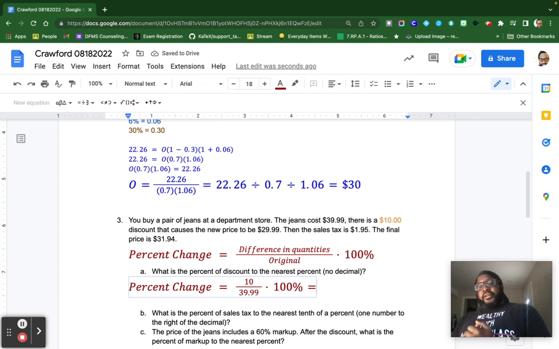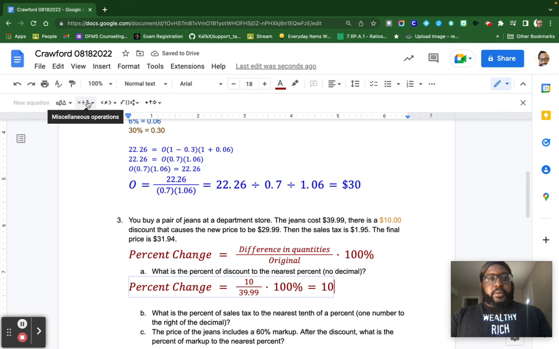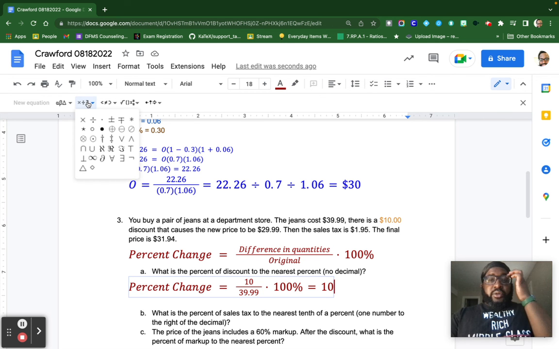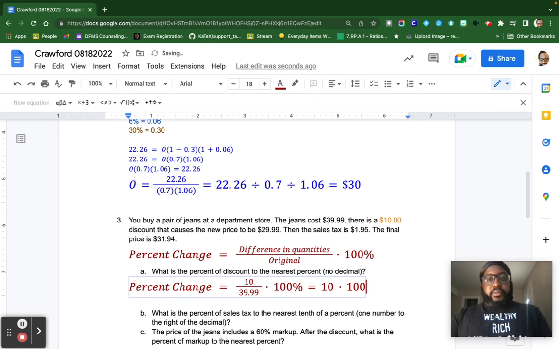So with that being said, since 39.99 is basically $40, it's like having 10 divided by 40 times 100. When you get a calculator, I will do the times first because of order of operations: 10 times 100 divided by 40.